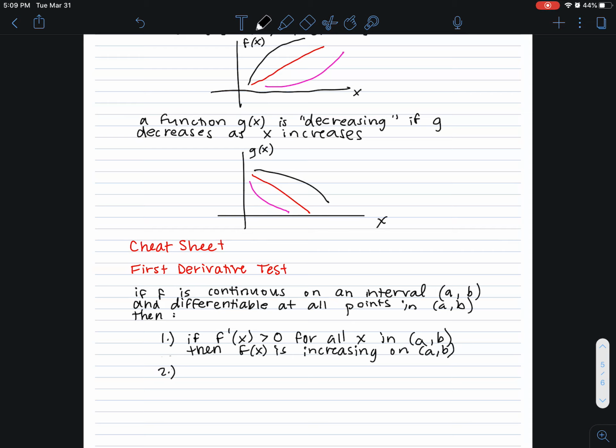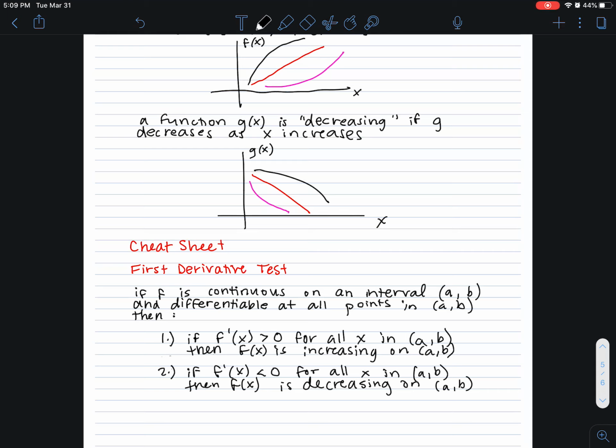And then the second one is just the opposite. If f prime of x is less than 0 for all x in a to b, then f of x is decreasing on that interval. Okay, so let's see here.